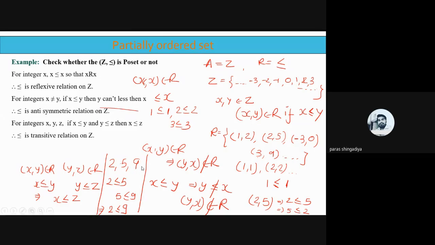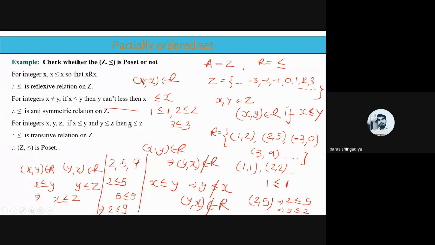So it is reflexive, it is antisymmetric, and it is transitive. So we can say (Z, less than or equal to) is known as a partially ordered set. Clear?